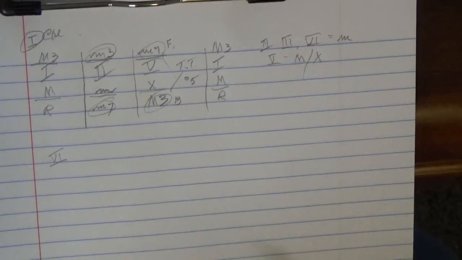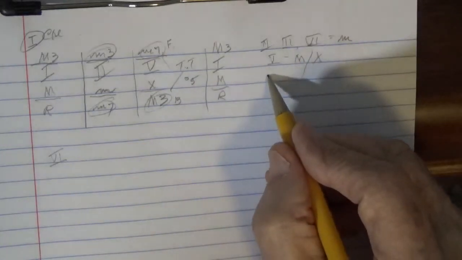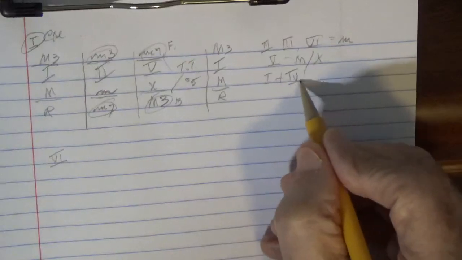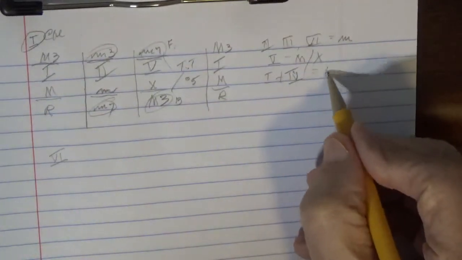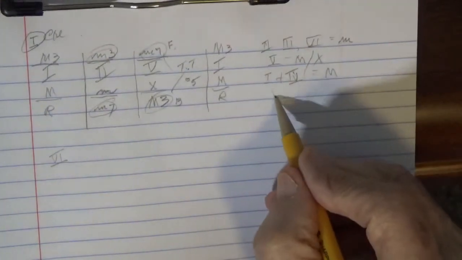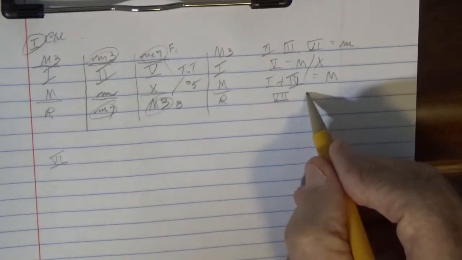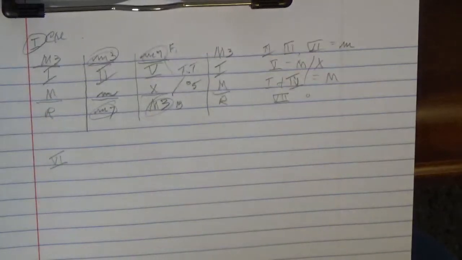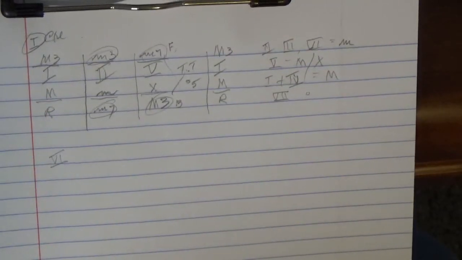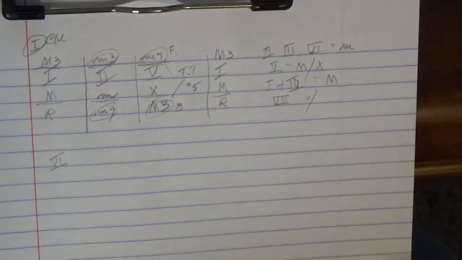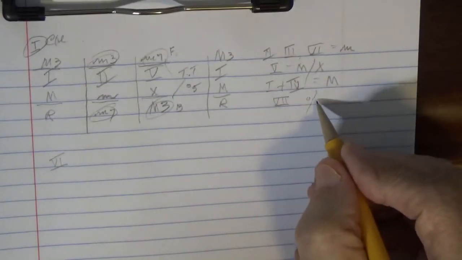Okay, 2, 3, and 6 are minor. 1 and 4 are major. And 7 is diminished as a triad, GBD for example, and GBDF is like a seventh chord then.